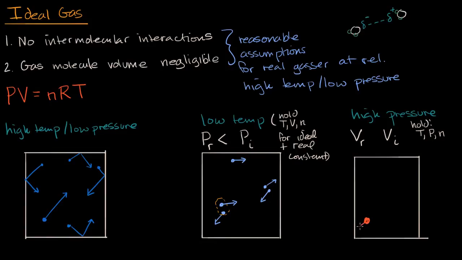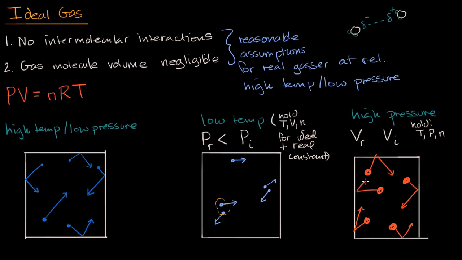So these things are really knocking into each other very, very frequently, not only into the container, but into each other. And depending on how much you view the volume as negligible, for an ideal gas you think more about the interactions with the container.